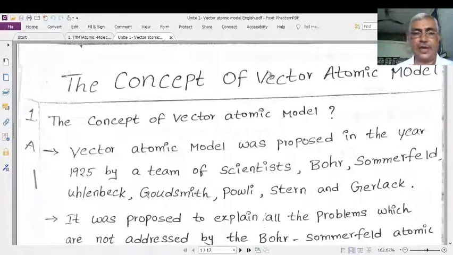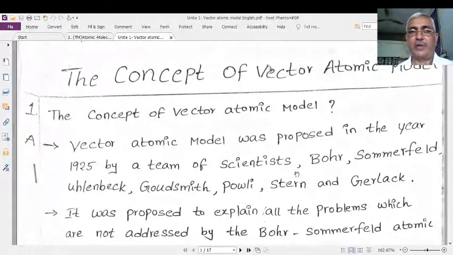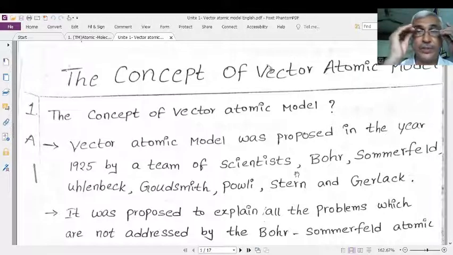Later, Bohr proposed another atomic model, which is known as Bohr's atomic model. This is the first successful atomic model, which is based on three concepts.